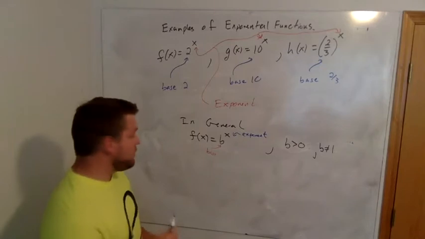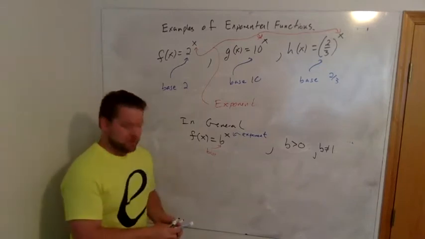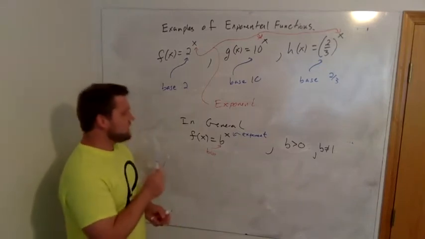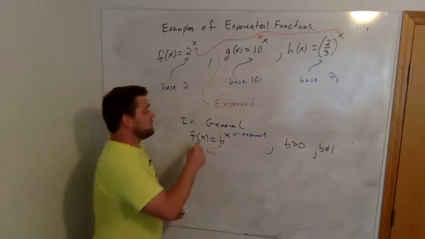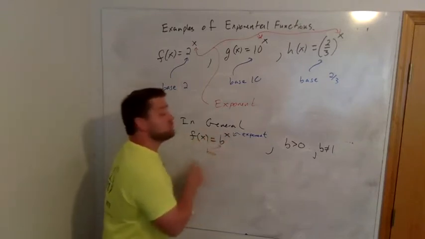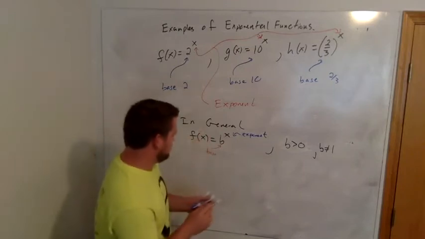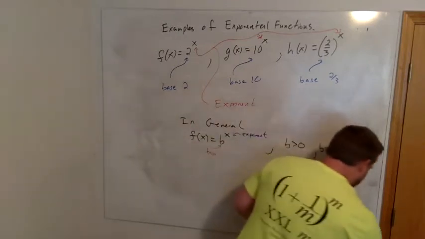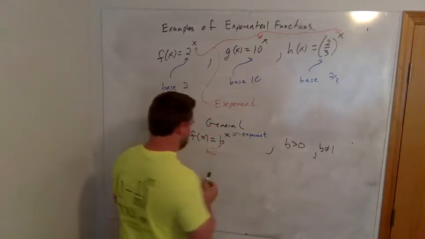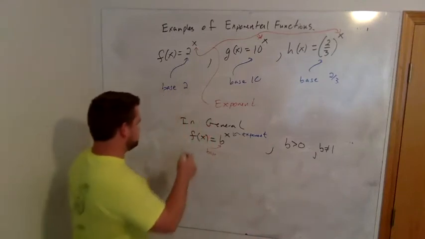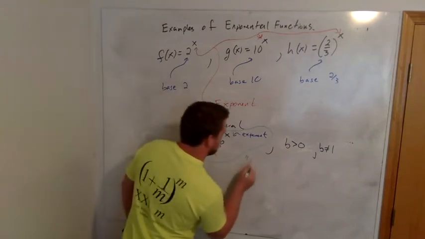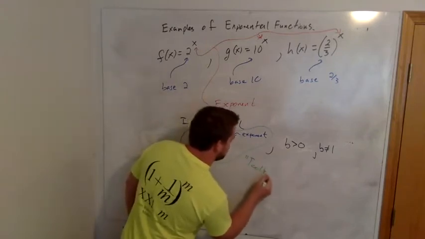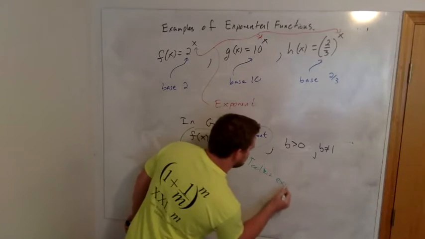Now, we're going to be graphing these pretty soon. But what I would like to point out is that for every single exponential function, I would call this a non-transformed exponential. Loosely speaking, this is our toolkit exponential.